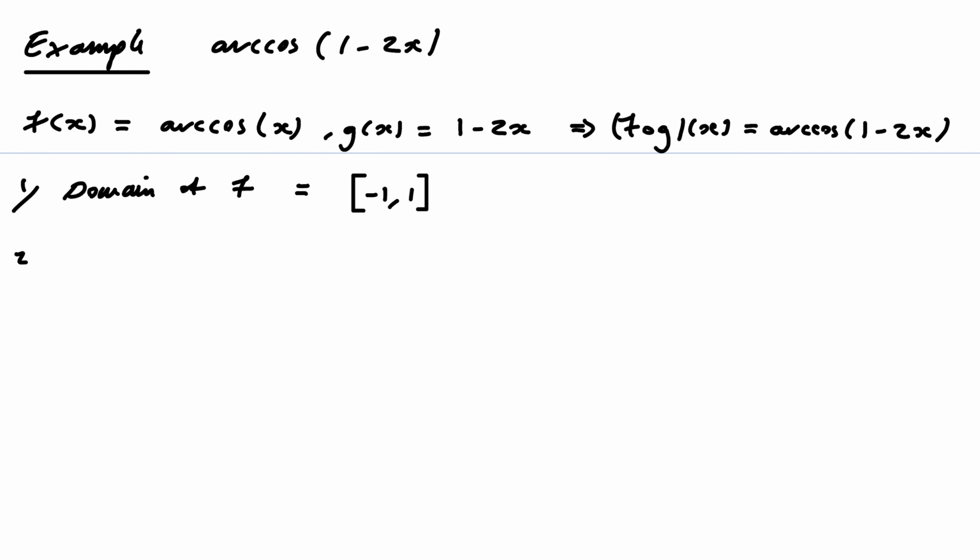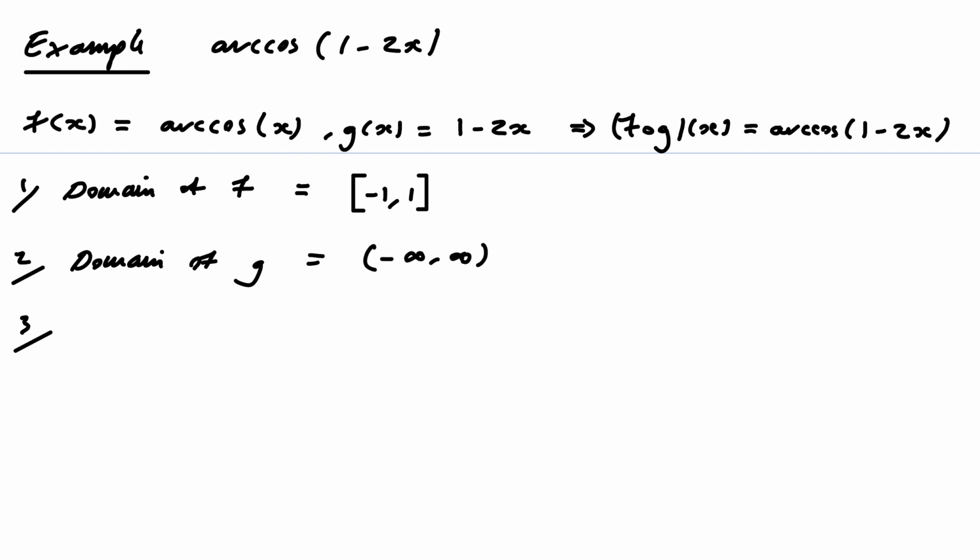And second, we need to worry about the domain of the inner function. So the domain of g, of course, is everything, thank goodness. So three, let's write down exactly as we did before.